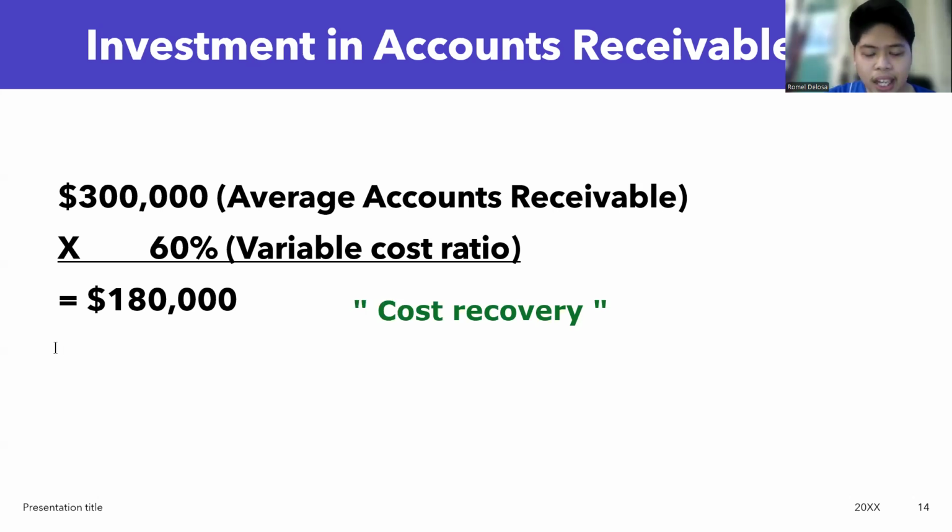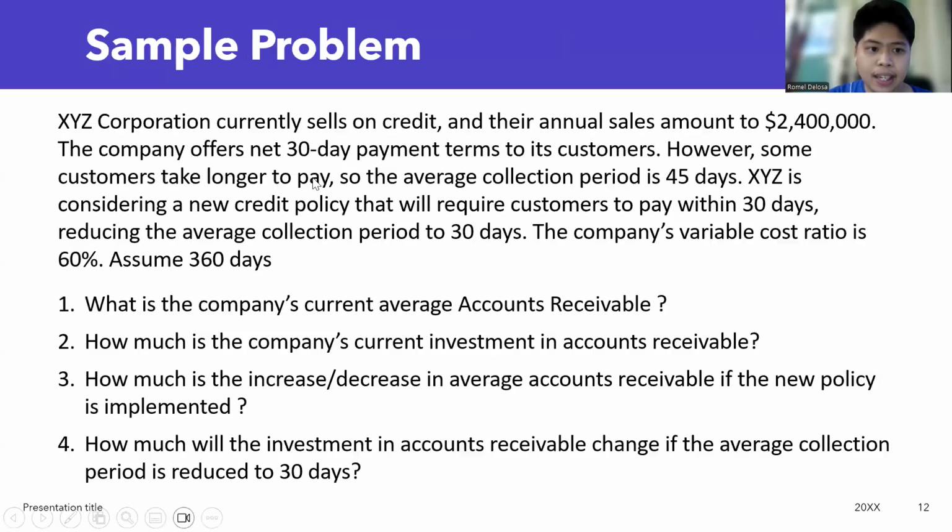Okay? So ang gagawin natin guys is, we will look again at the problem. So yung problem kasi, how much is the increase or decrease in average accounts receivable if the new policy is implemented?